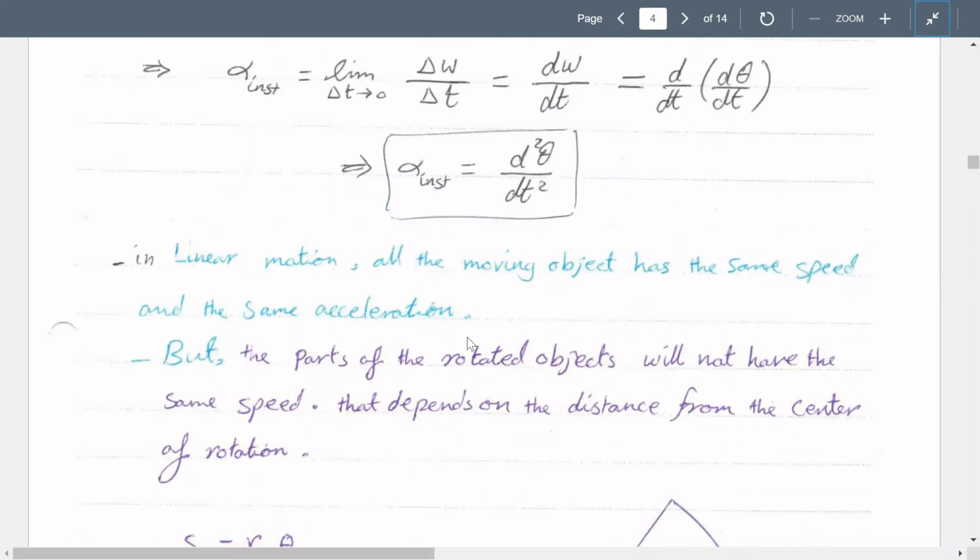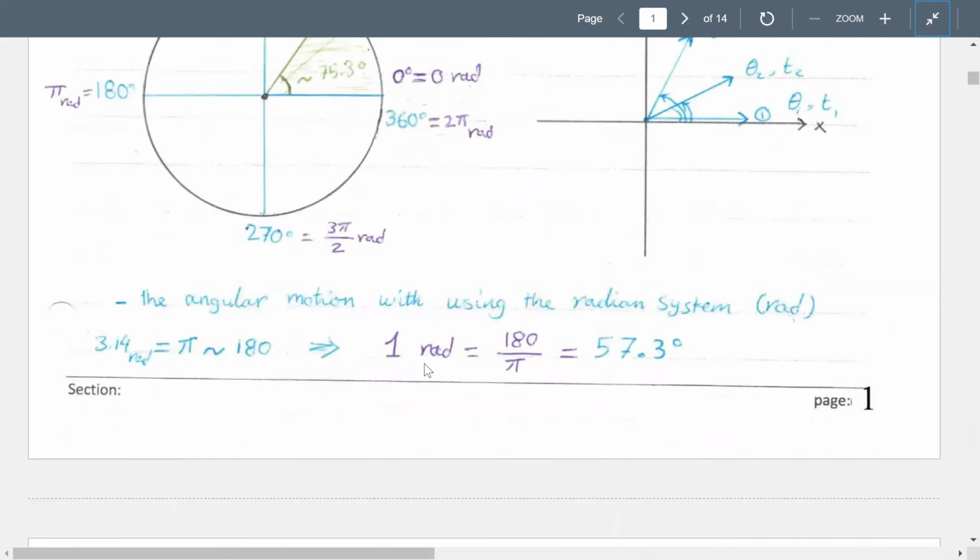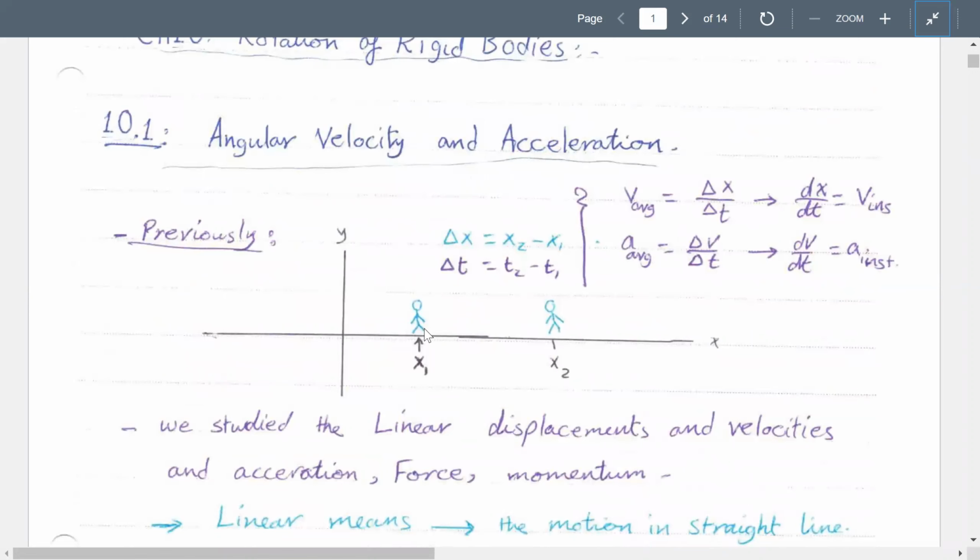If we have, for example, a car, or let us go back to this example, if the velocity of this person from here to here is, for example, 5 meters per second, assume maybe it's a car, maybe it's a person, the parts of this object, his hands, his head, are moving with the same velocity because all the objects move with this velocity.